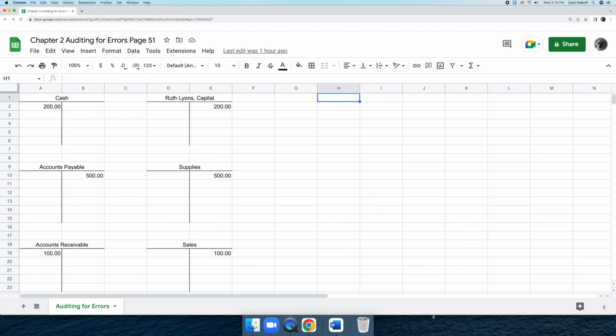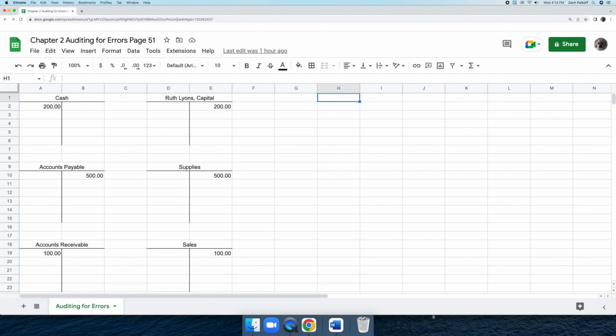Okay, so if you take a look at these 3 transactions here, as you can see, transaction number 1 has a debit and a credit. Transaction number 3 has a debit and a credit. However, transaction number 2 has a credit and a credit, but no debit.